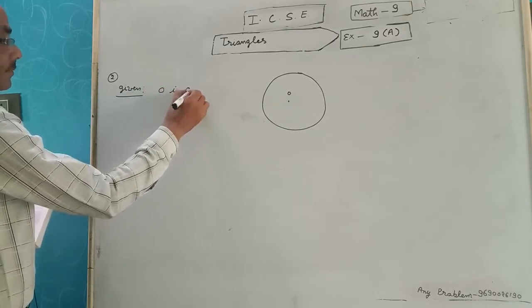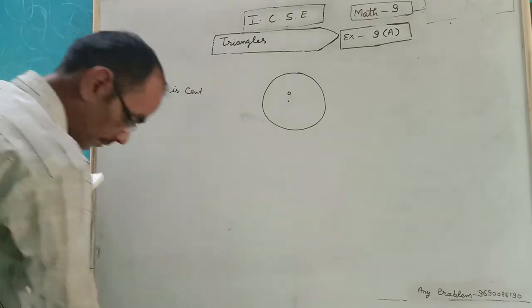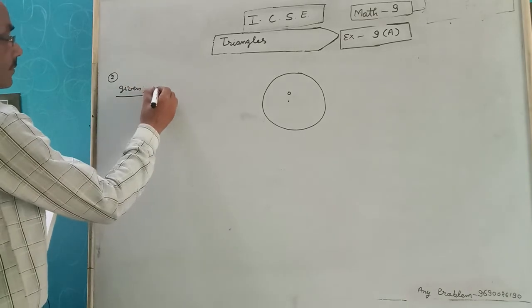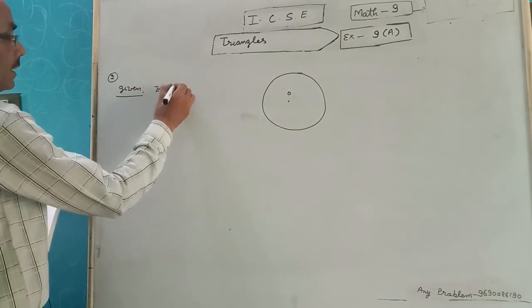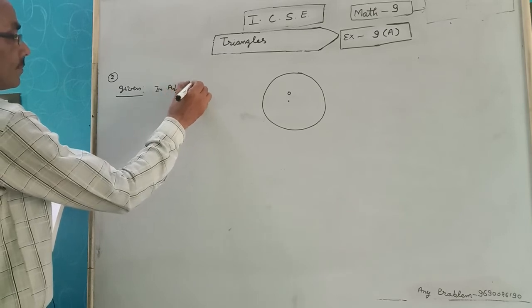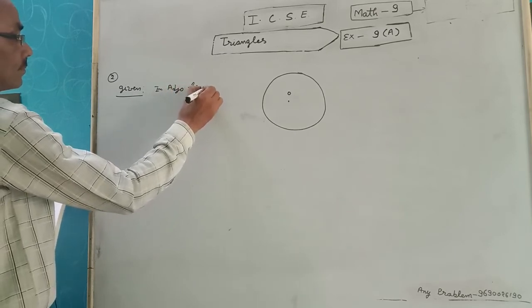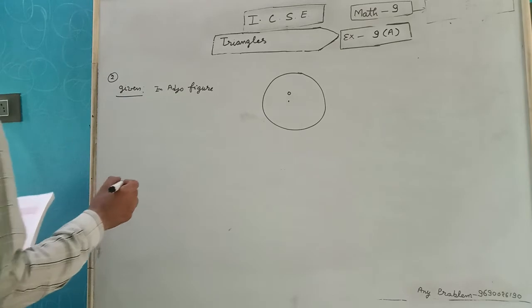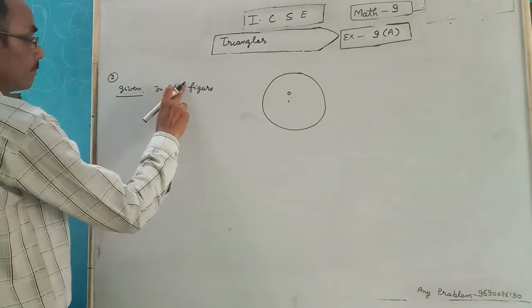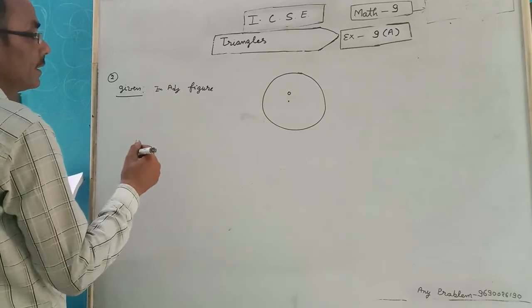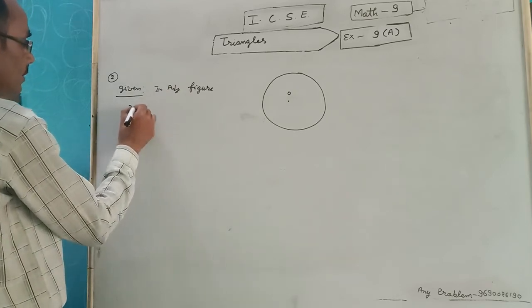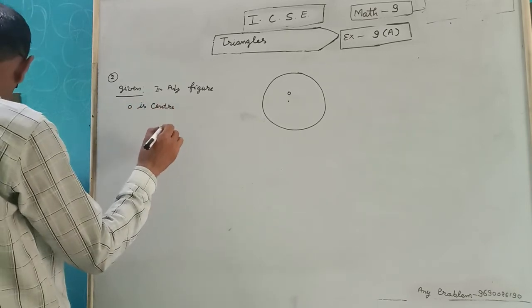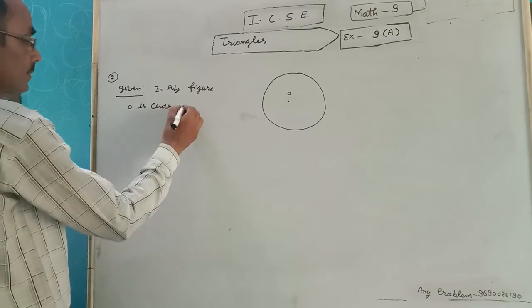O is at first in adjoining figure, adjoining figure, O is center of the circle.